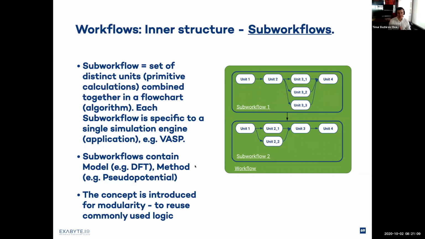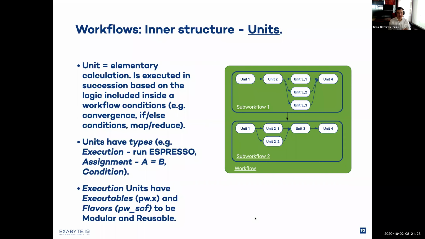So again, when we speak about the workflows and the logic that is included inside the simulations, we have sub-workflows and units as the main components of the workflows. Units are the smallest part of the logic that is included in the workflow. And we have different kinds of units. They could be execution units, like running Quantum Espresso or VASP or NWChem calculations.